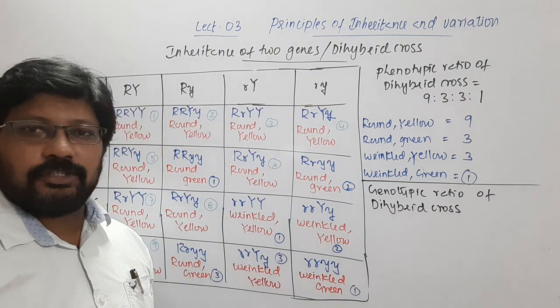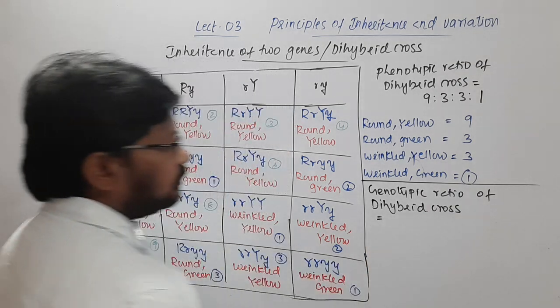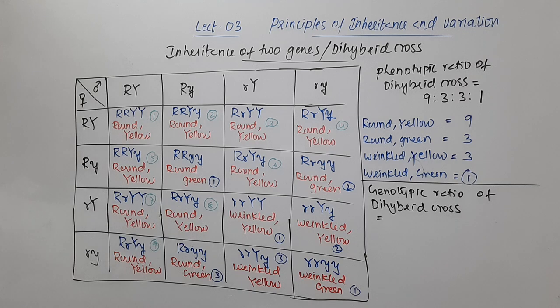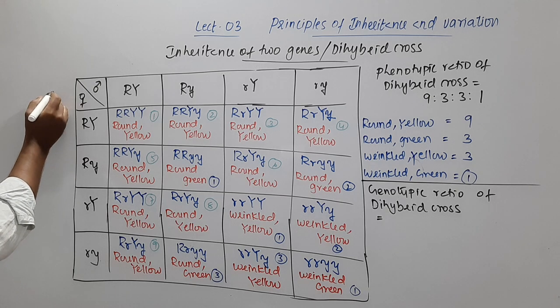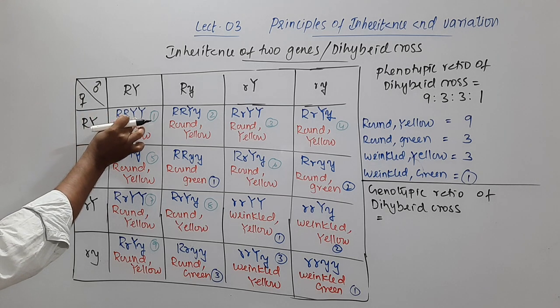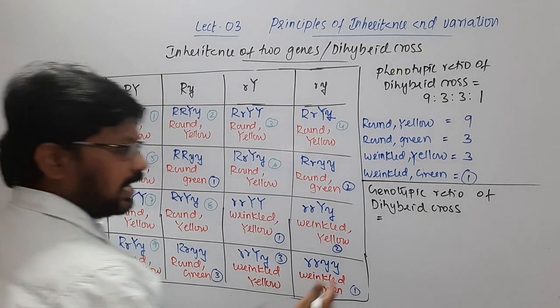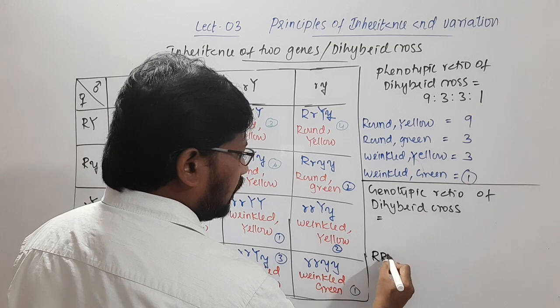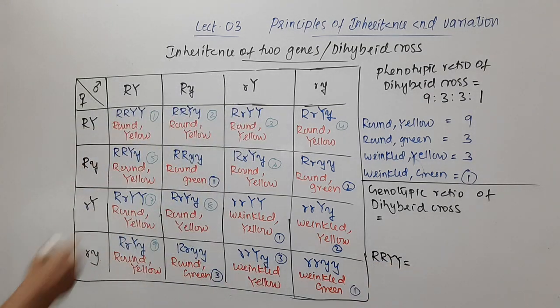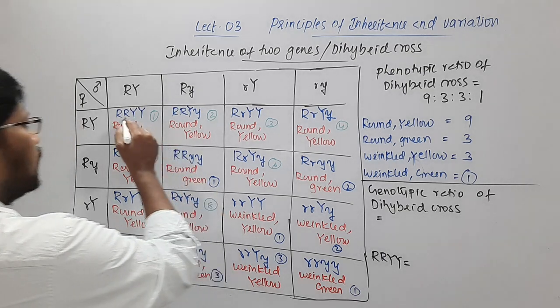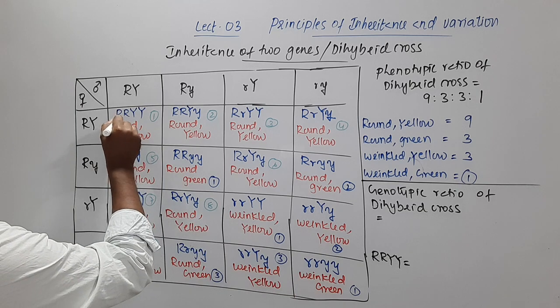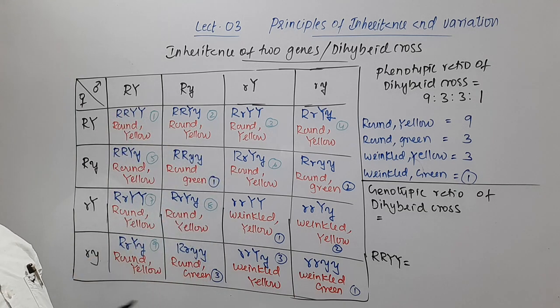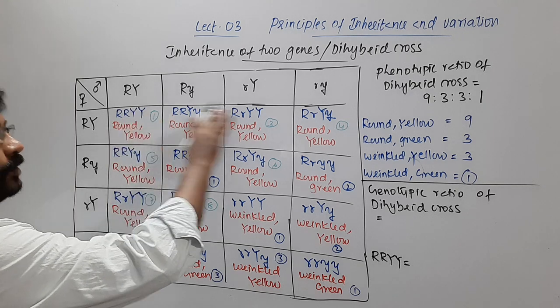In this we need to find out how many we have of capital R, capital R, capital Y, capital Y. We need to find out how many are present. You can see nowhere in the table is the same capital R, capital R, capital Y, capital Y present more than once. So with this genotype you don't find it anywhere else.